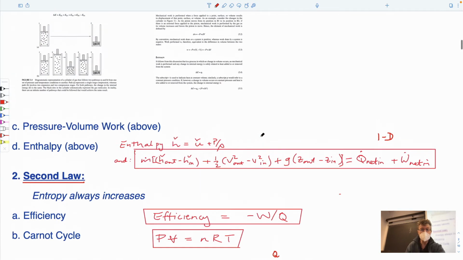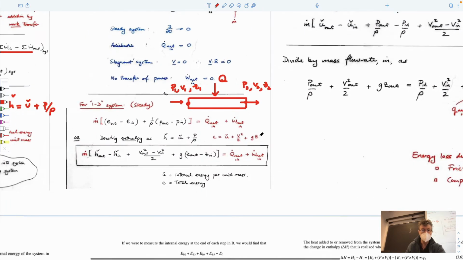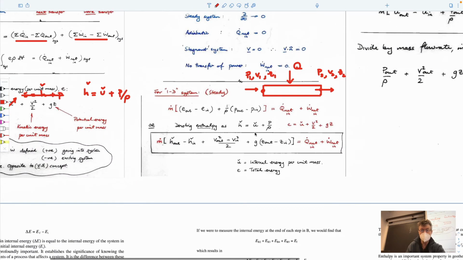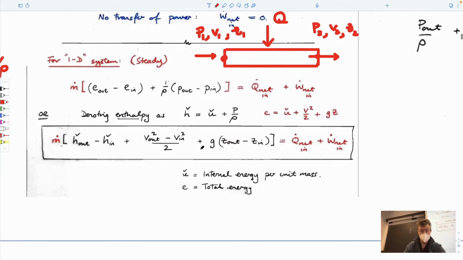We defined it slightly differently. This expression here, right, doesn't want to get bigger unless I do this. So this term here is just our definition of enthalpy.